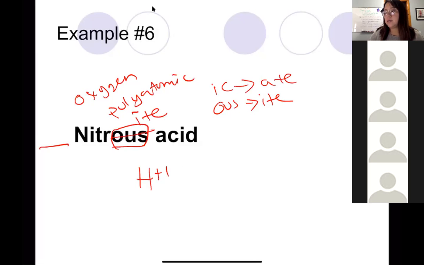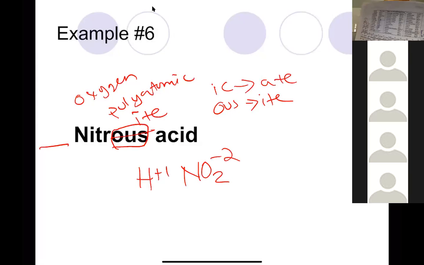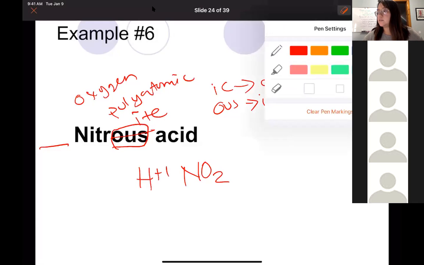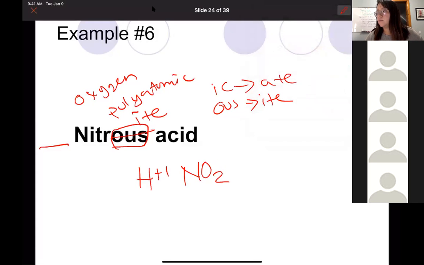So nitrite, if you look in your polyatomic sheet, it's NO2 minus 2. Where are you looking? You are looking here. Okay. As you can see, oh, it's not NO2 minus 2, it's NO2 minus 1. I'm sorry. My bad.